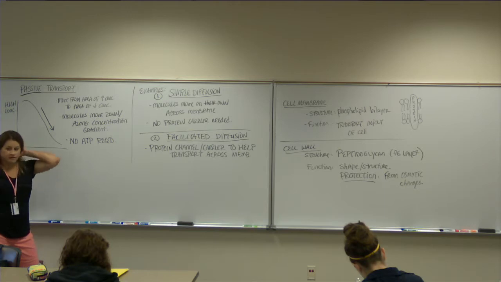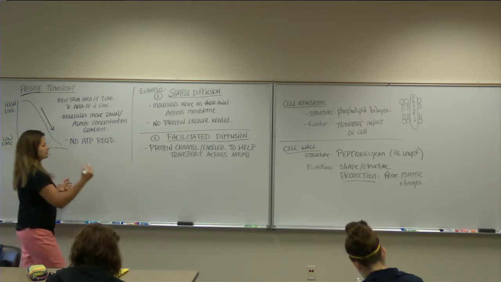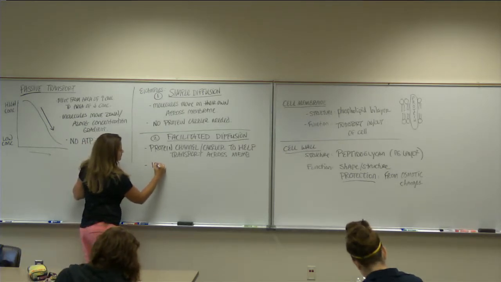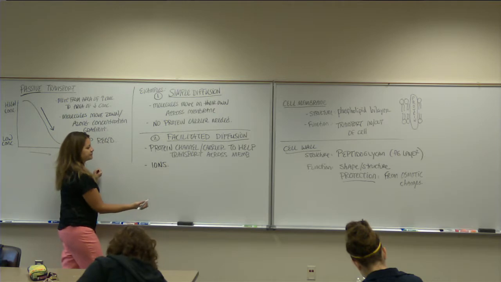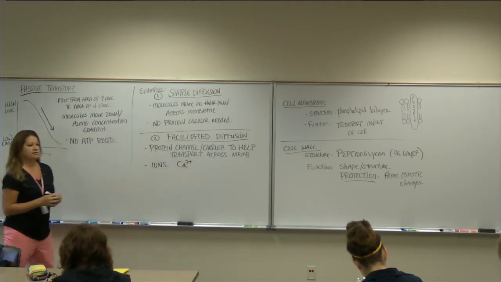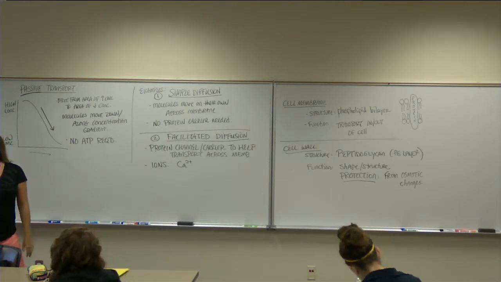Okay, so there's something there to help them get across. This is good for larger molecules or ions, for example, calcium with that 2+ charge. A calcium ion has a calcium ion channel to help it get across the membrane.